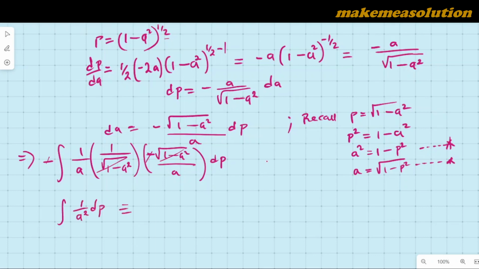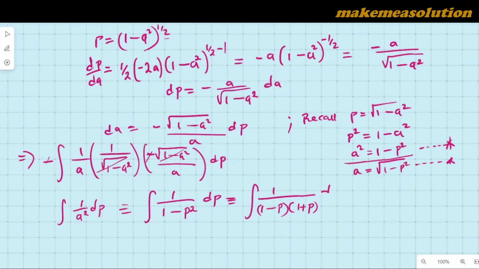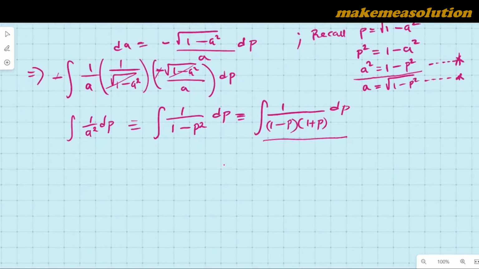Alright, so this is the integral of, we've gotten an expression for a squared here, so it is 1 minus p squared dp. And this is still the same thing as the integral of 1 all over 1 minus p and 1 plus p dp. So at this point we can now use the method of partial fractions to evaluate our integral.